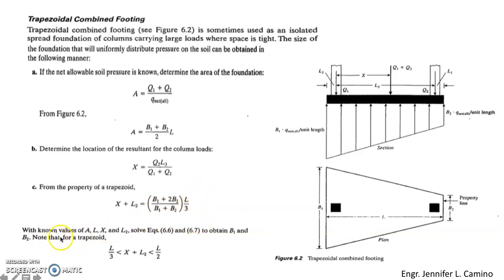You have to take note that with known values of A, L, X, and L sub 2, to obtain B1 and B2, for this trapezoid X plus L sub 2 should be greater than L all over 3 but less than L over 2.